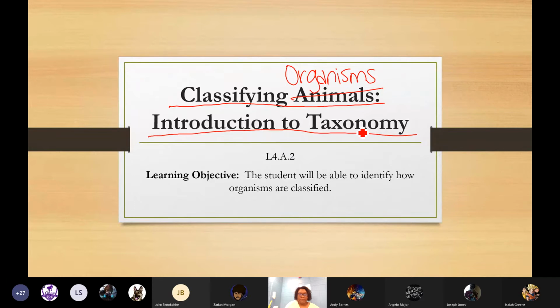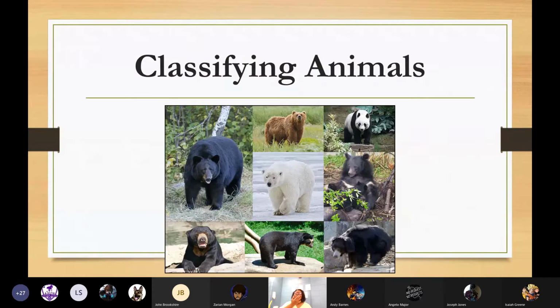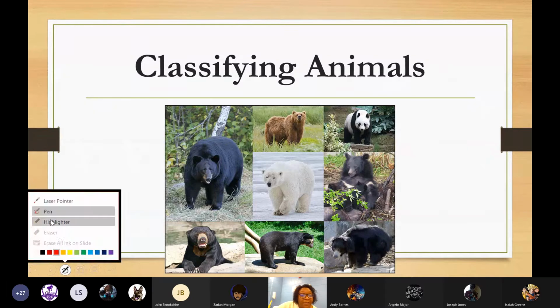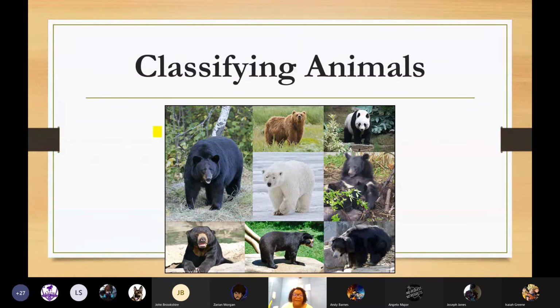So let's go on. When we're talking about classifying animals specifically, it's important for us to know all types of organisms, all types of living things can be classified. But let's look specifically here at animals. We see here a family of bears.